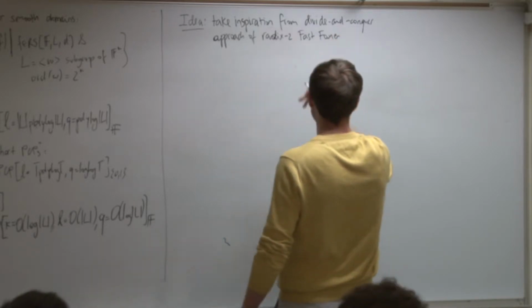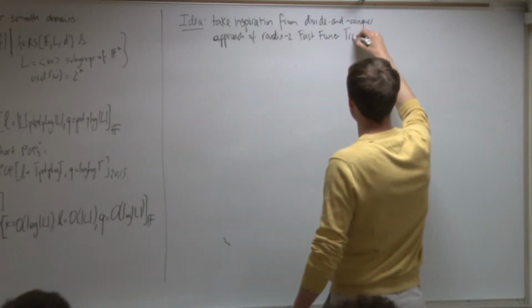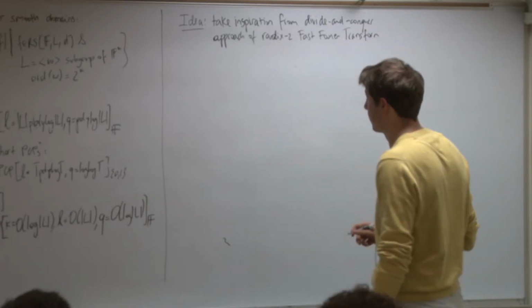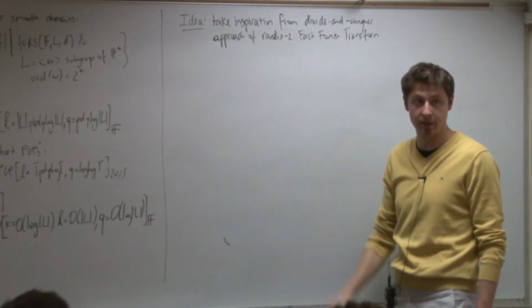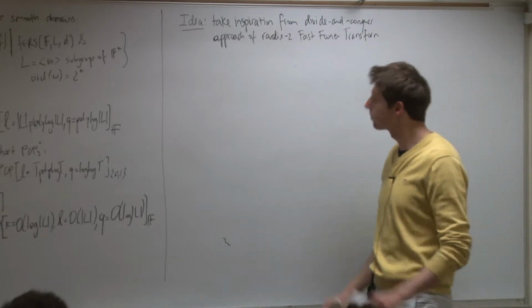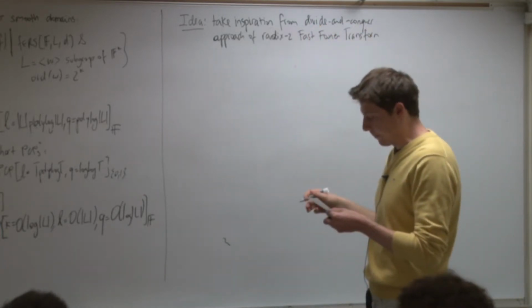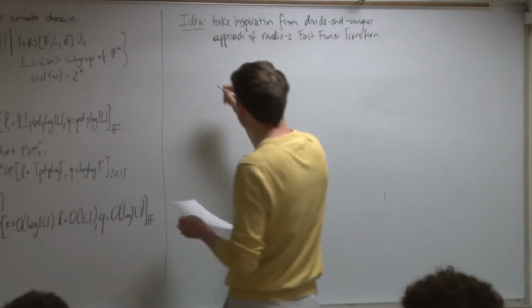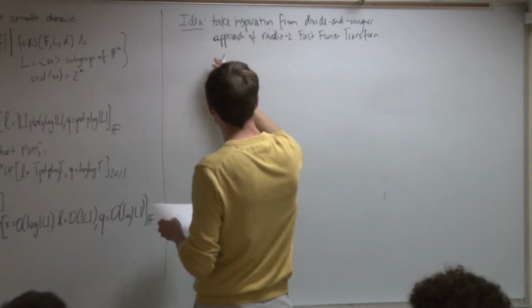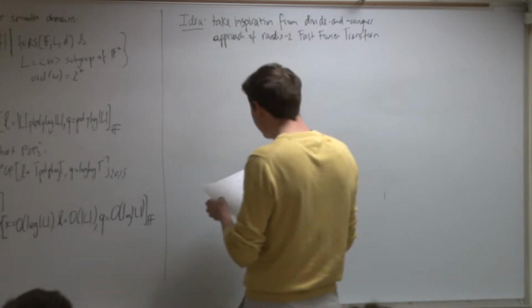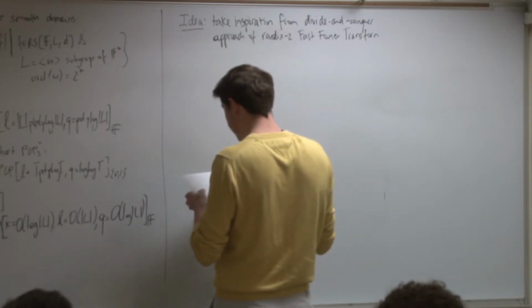The radix-2 fast Fourier transform is just the one that you see normally in undergraduate courses. For example, in CS 170, that's the algorithm that we see. And key here is divide and conquer. So let's just recall for a moment that algorithm, the fast Fourier transform algorithm.